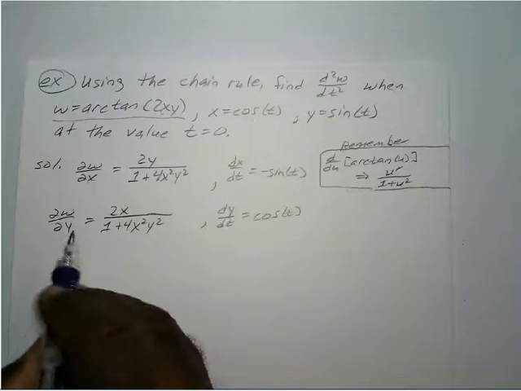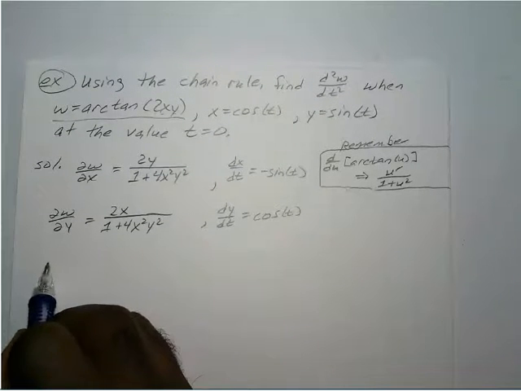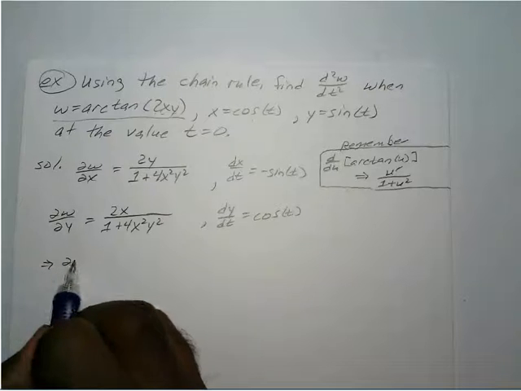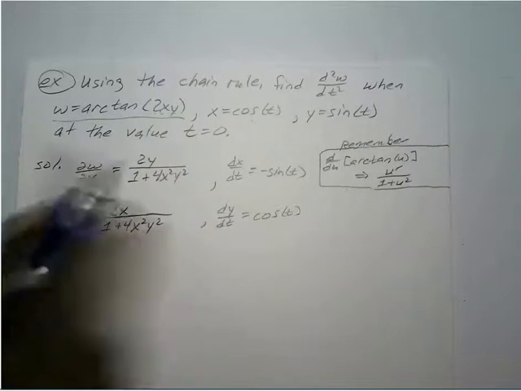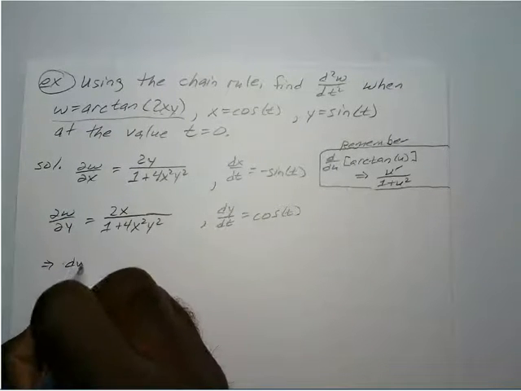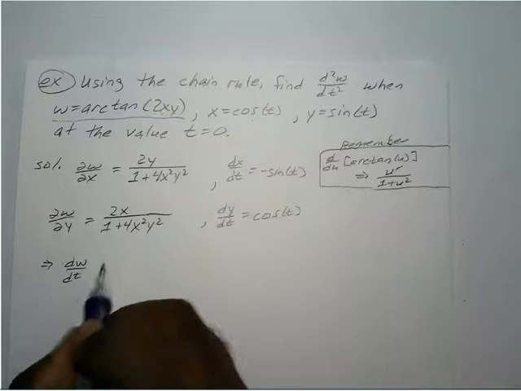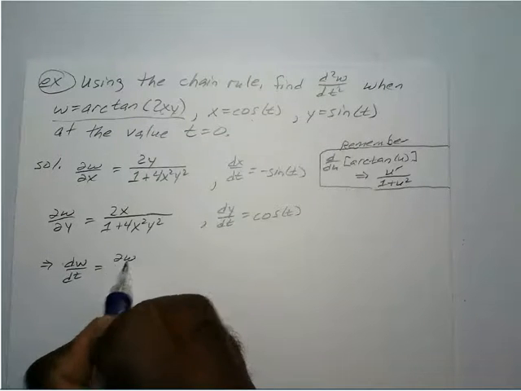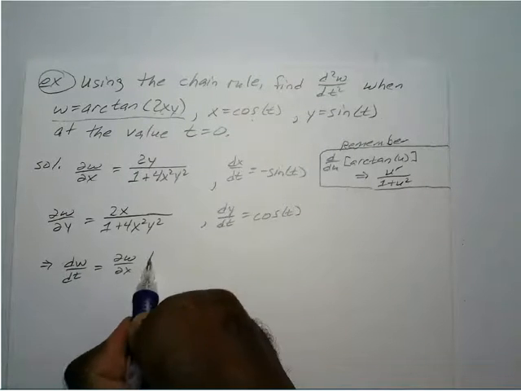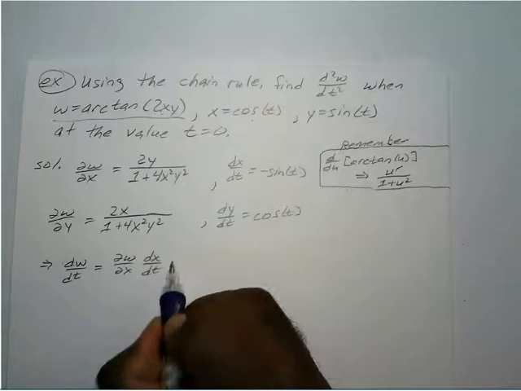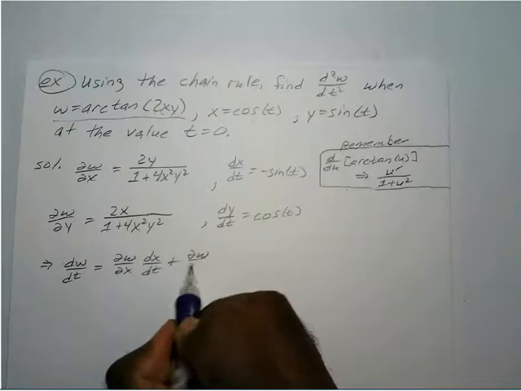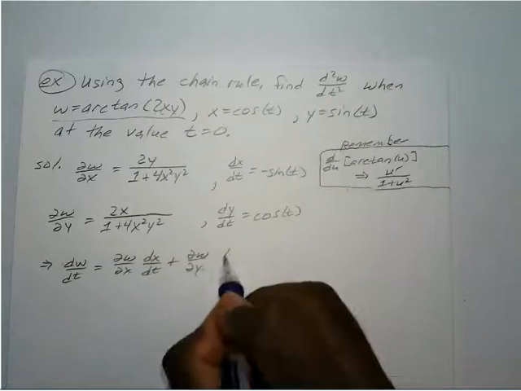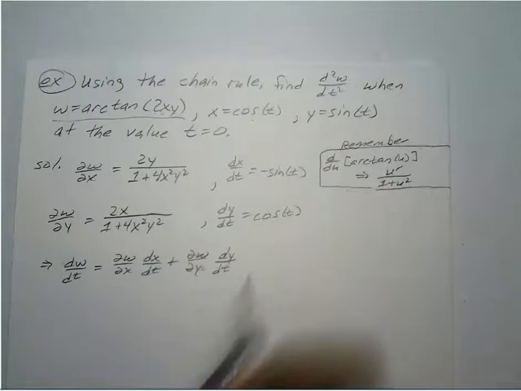Okay, now plugging into our formula, our derivative of w with respect to t. Remember, that's the partial of w with respect to x times dx/dt plus the partial of w with respect to y times dy/dt.